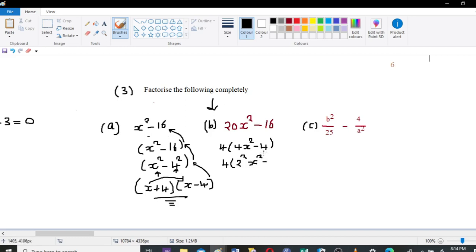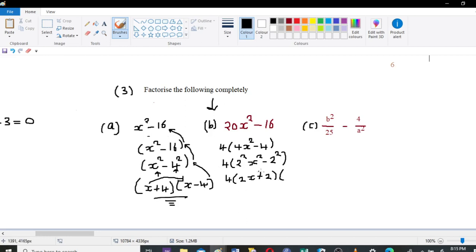Another 4 we need to write on both sides. We are writing the constants in index form. So also this 4 can be written in index form as 2 squared. So there we have 4. Writing this in difference of 2 squares, we have 2x, right? 2x, plus 2, and then open bracket here.